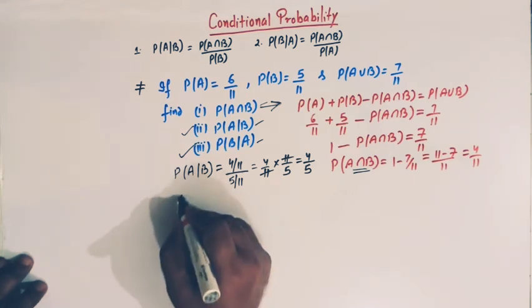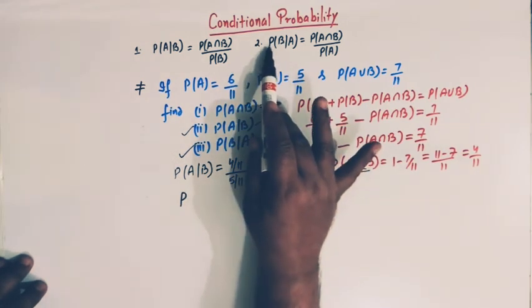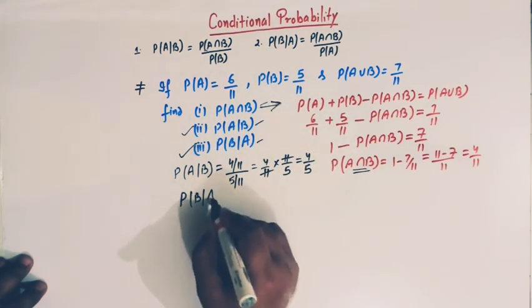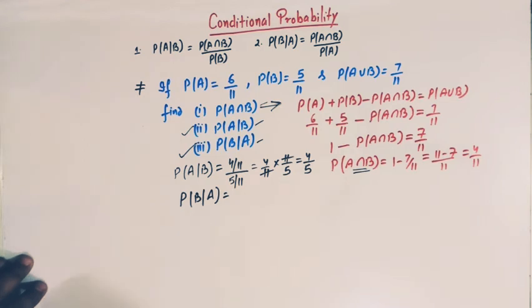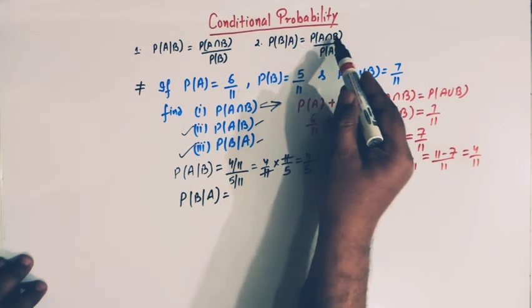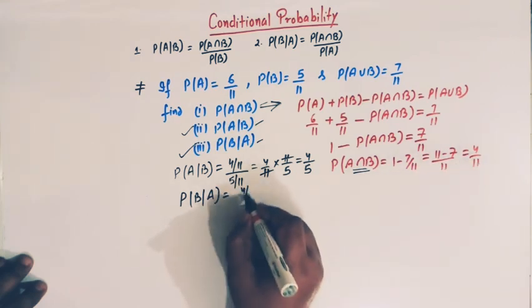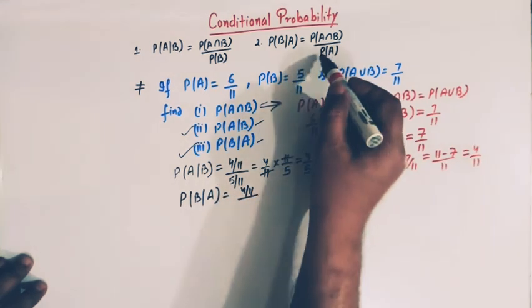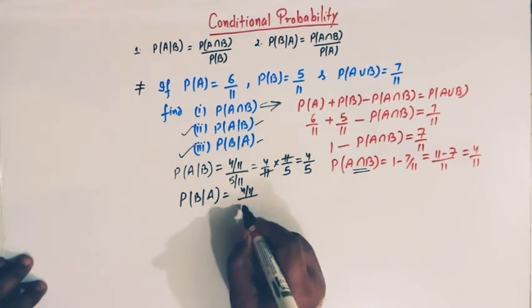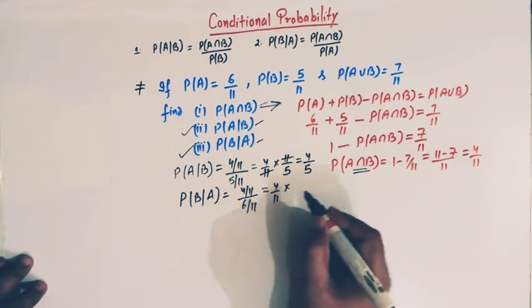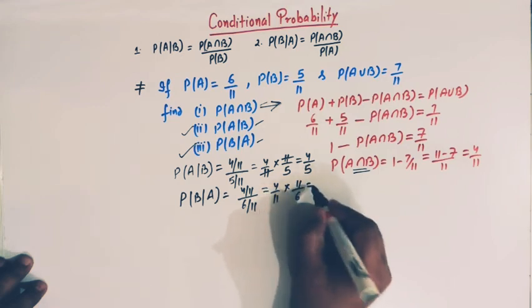Similarly, the conditional probability of B is given by P of A intersection B over P of A, and A intersection B is 4 by 11, and P of A is given by 6 by 11, so we have 4 by 11 multiplied by 11 over 6.